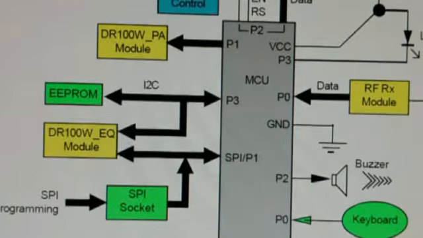The analog is the grounding system employed in the dr100w EQ module, and the second one is the digital ground, which is being employed here and used by the MCU. When you combine these two kinds of ground, if not taken properly, the ground will cause some kind of noise or interference to the analog portion of the circuit.